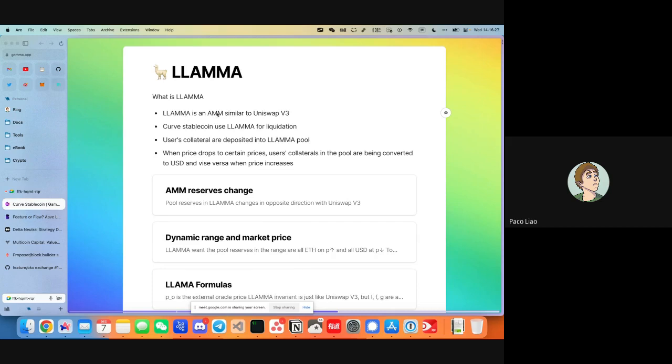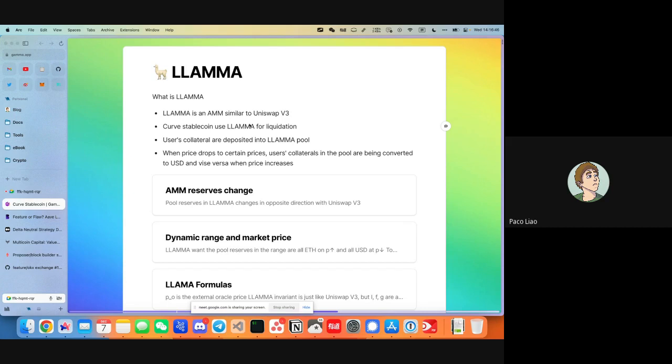Users can only add liquidity through the controller, so the range is selected by the controller. And Curve stablecoin will use Llama for liquidation. So all the liquidation will happen in this Llama AMM.